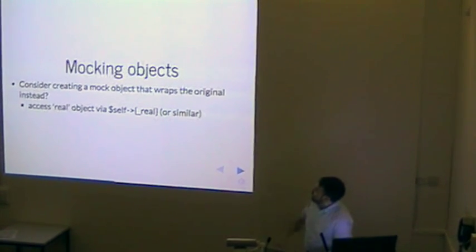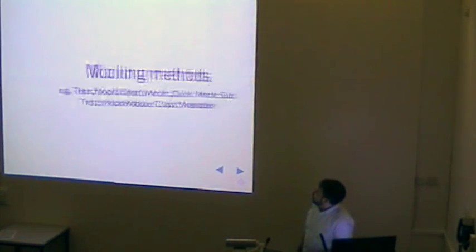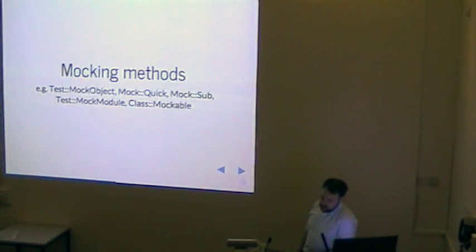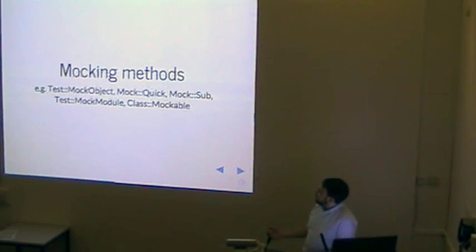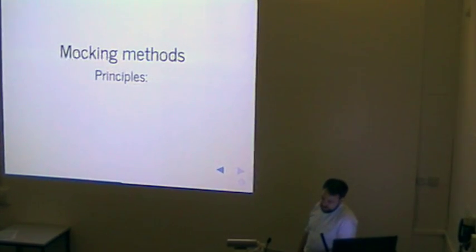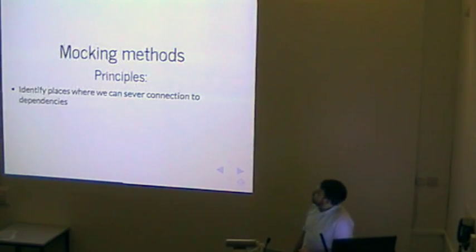I guess you might want to have mocking methods. There's probably even more to do this on CPAN. Basically, you're changing the behavior of a method in place. And so principles of that.